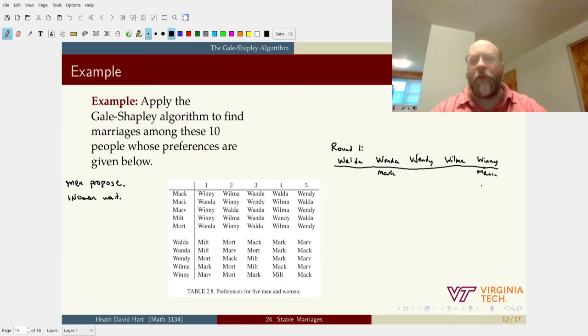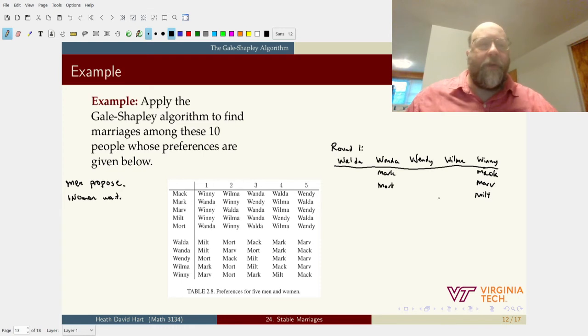Marv lines up with Winnie. Milt lines up with Winnie. And Mort lines up with Wanda. All right, so each man has made their declaration now.